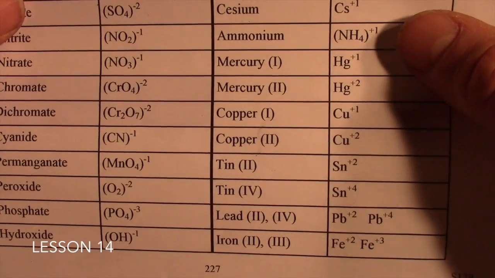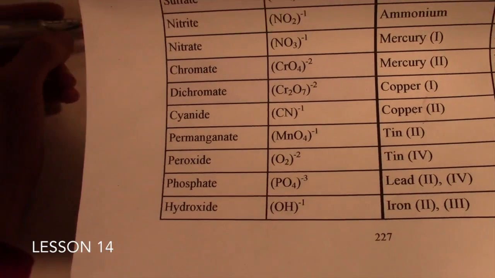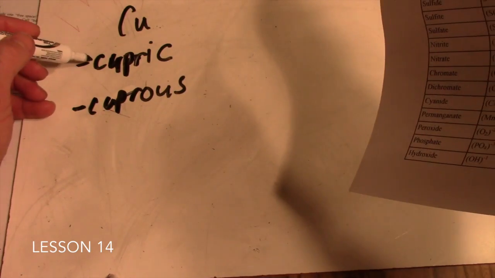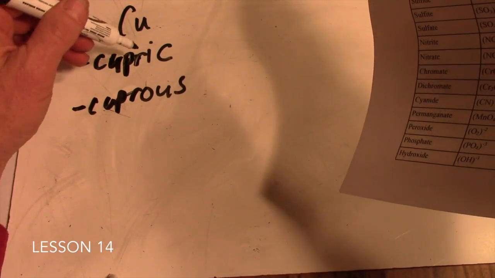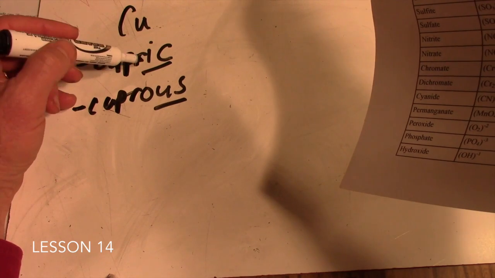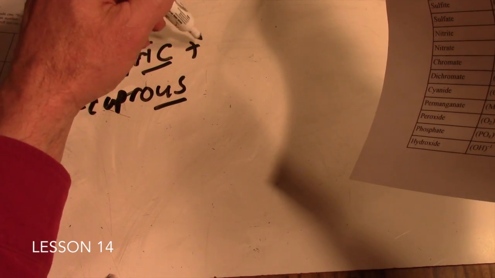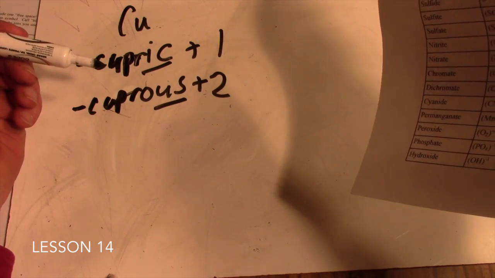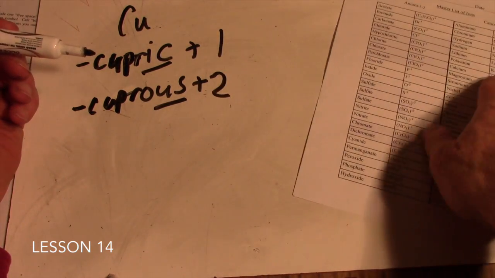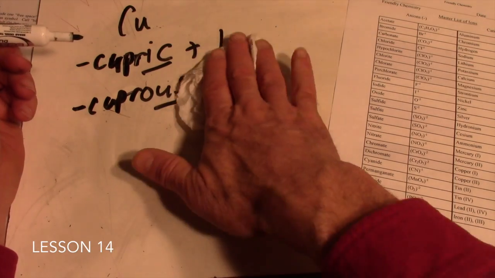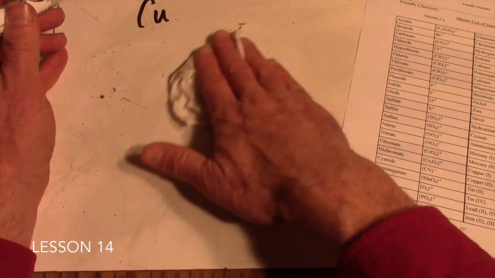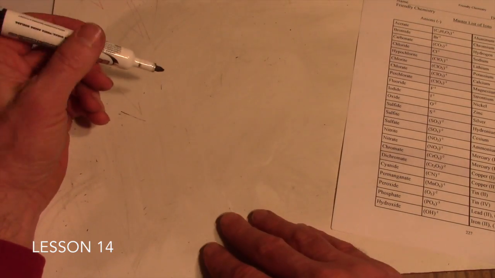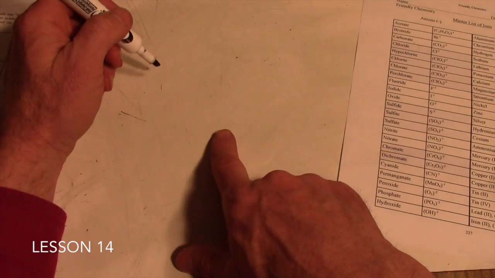People could not remember and often would grab the wrong compound off the shelf because they could not remember which was the +1 and the +2. So to make there less confusion and therefore less danger for persons using chemical compounds, they've gone to this Roman numeral system.